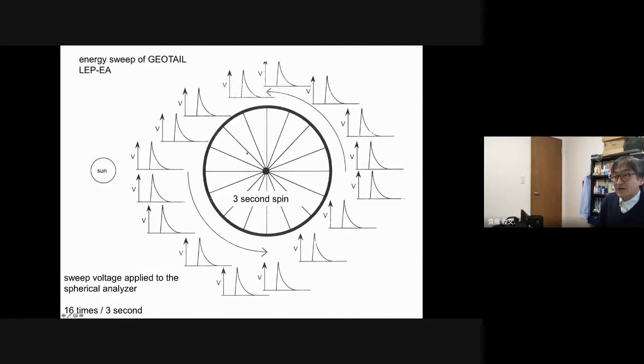Then during one spin of the spacecraft, we have an energy spectrum of ions or electrons with 16 times 7 directions, because this instrument has 7 channels perpendicular to this figure. By doing so, we can measure the three-dimensional phase space density, the three-dimensional data of electrons and ions.